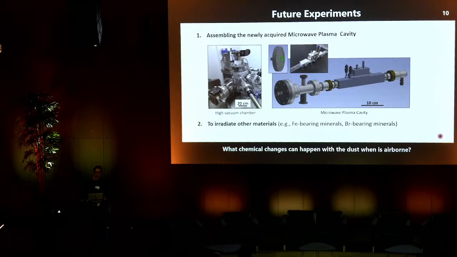Koyama from Tohoku University. Very nice, interesting talk. I have a question about our current understanding. We don't know the source of the chlorine for the HCl currently present in the Mars atmosphere. Do you think this mechanism could be a potential source of chlorine for the atmosphere? This is a very difficult question.